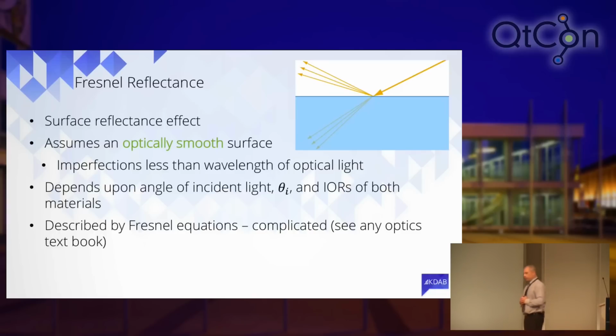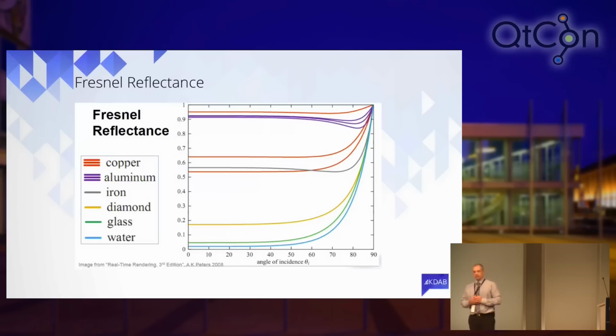Okay, so the Fresnel reflectance equations basically tell us that when we shine light onto a surface, how much is reflected depends upon the angle with which it hits the surface. Now, you can actually see this in everyday life. So if you look at an object at a very glancing angle, and there's a light source behind it, so the light source is hitting it at a glancing angle as well, you can see that light source reflected in it, even if it's something you would think is rough or matte, like a sheet of paper.